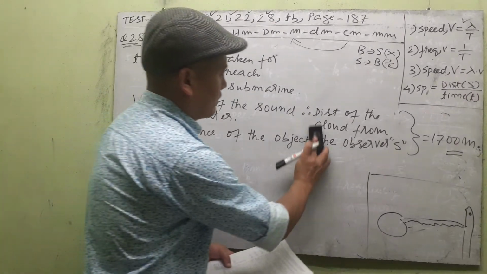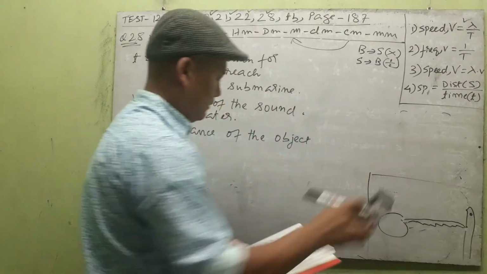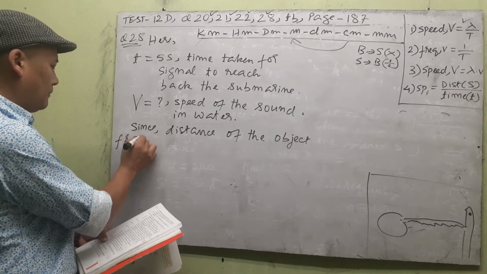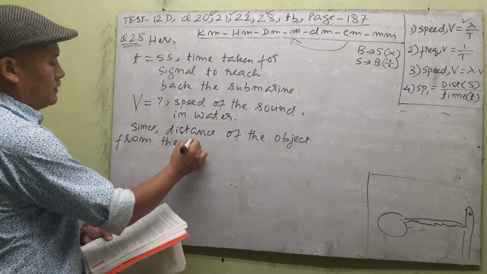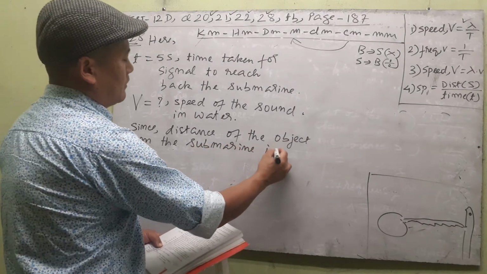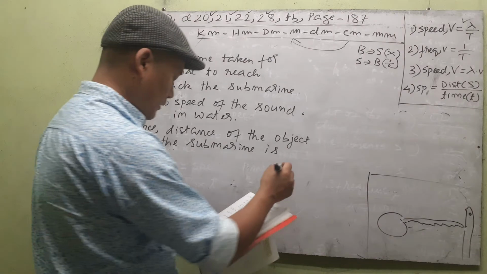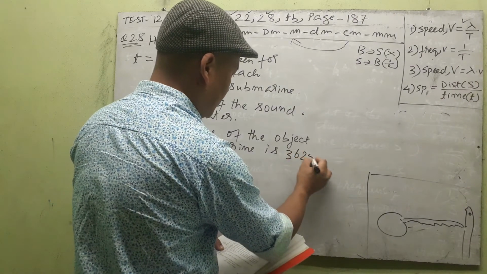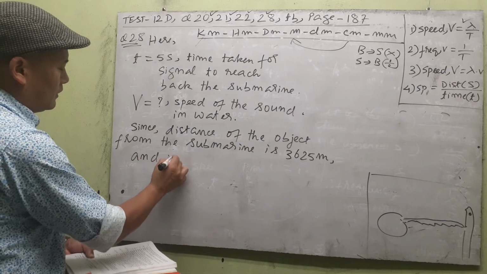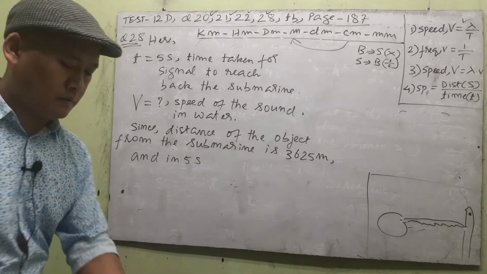Distance of the object from the submarine is 3625 meter.